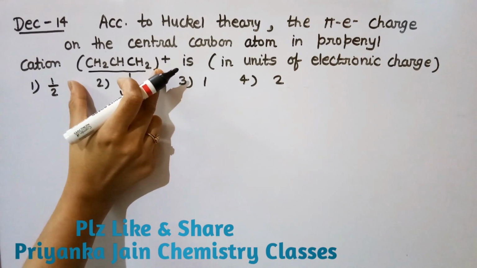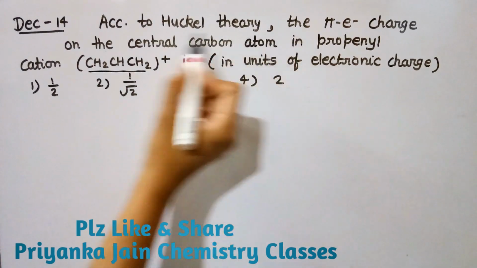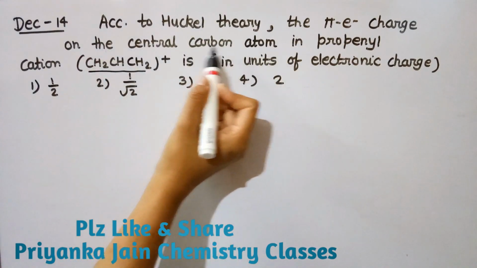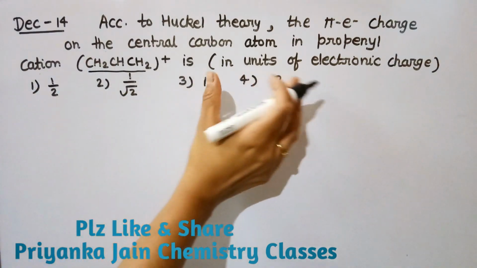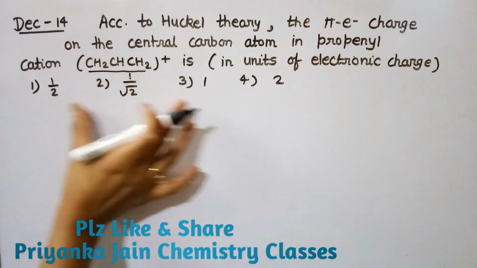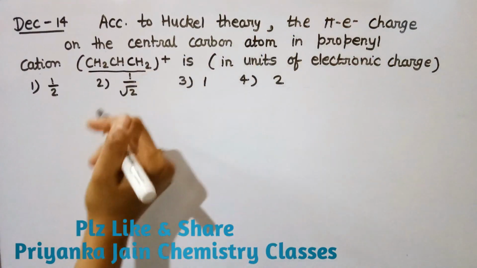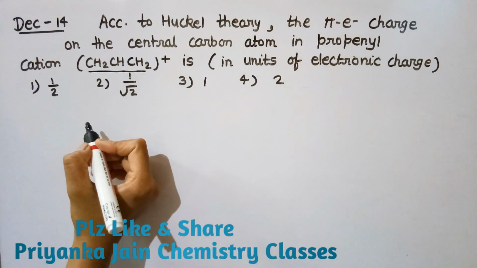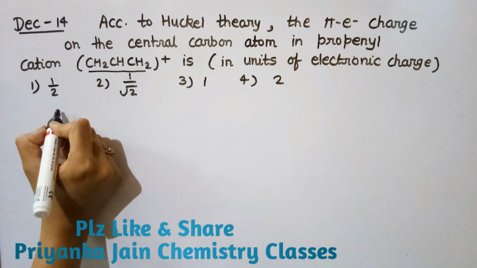Okay, so here the question is, according to Huckel's theory, the pi electron charge on the central carbon atom in the propenyl cation, we have given the cation, is in units of electronic charge. We have given 4 different options and we have to find out the pi electron charge on the central atom. Now see here, firstly what is the formula for pi electron charge density?